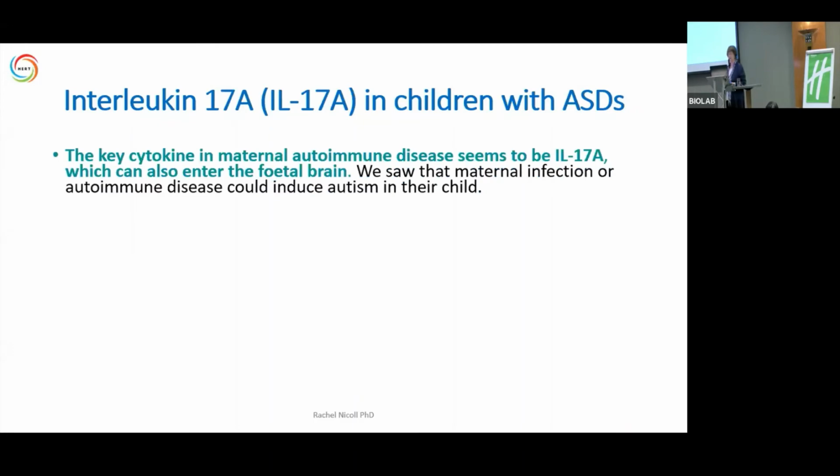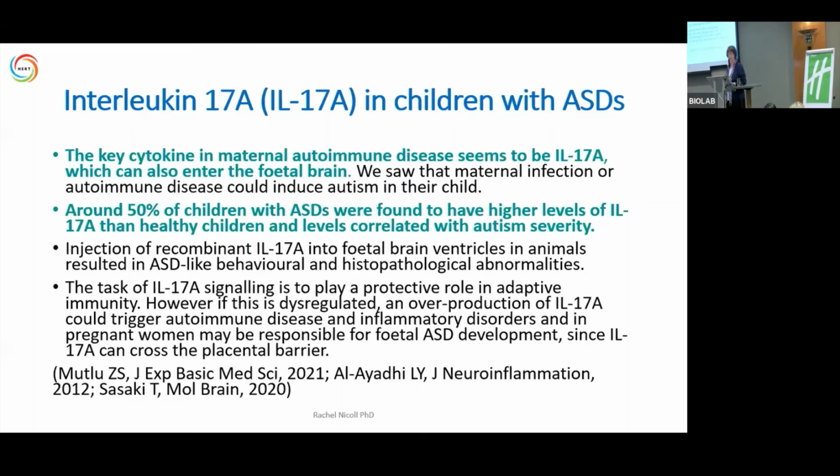So this is seen in maternal autoimmune disease, and it's also been found in the fetal brain of children with autism. Around 50% of children with ASDs have higher levels of IL-17A than healthy children, and the levels correlate with autism severity.